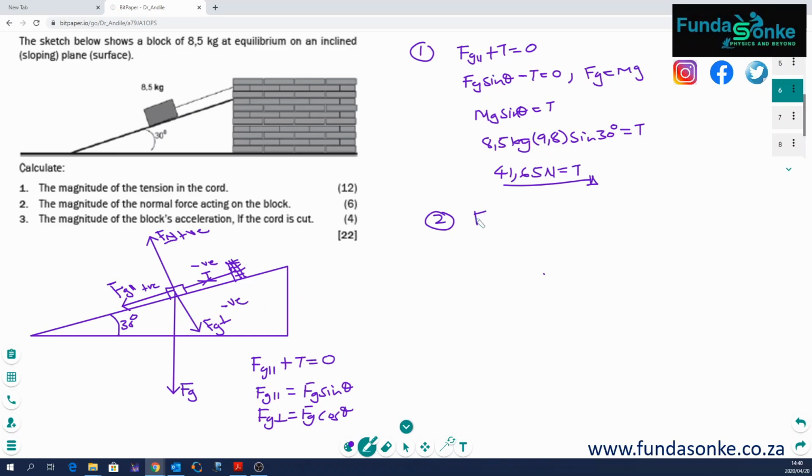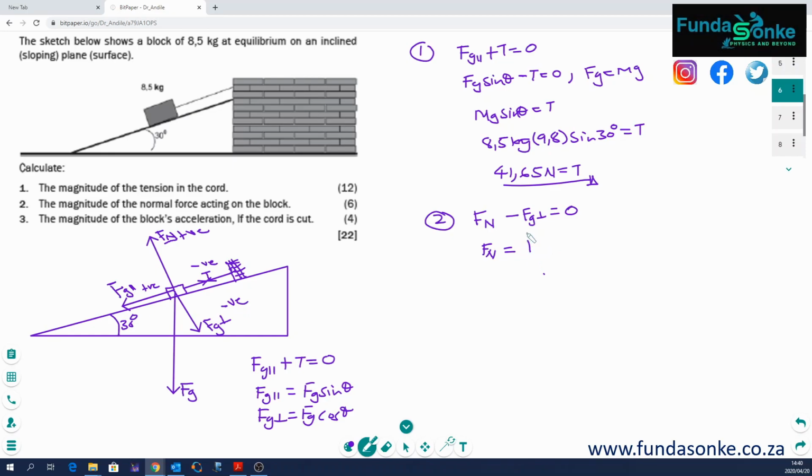So we're going to have our Fn minus our Fg perpendicular being equal to 0. Since Fg perpendicular is negative, that's why I've already included the negative sign there. So my normal force Fn will be equal to, know that Fg perpendicular is our force due to gravity times cos theta.